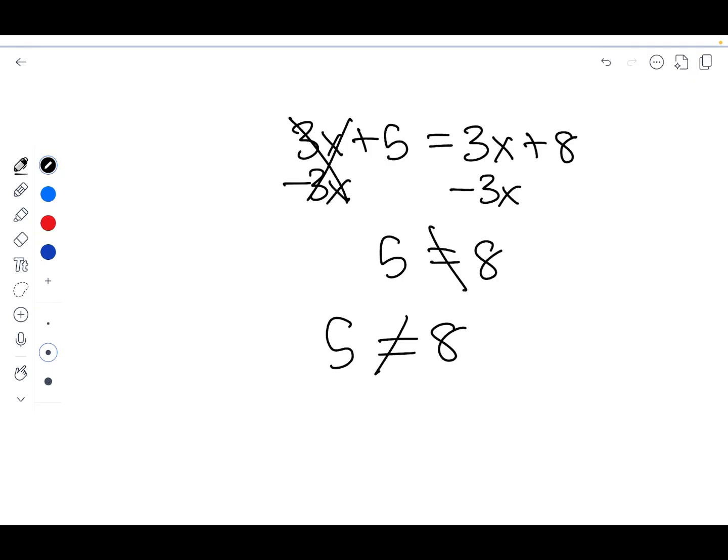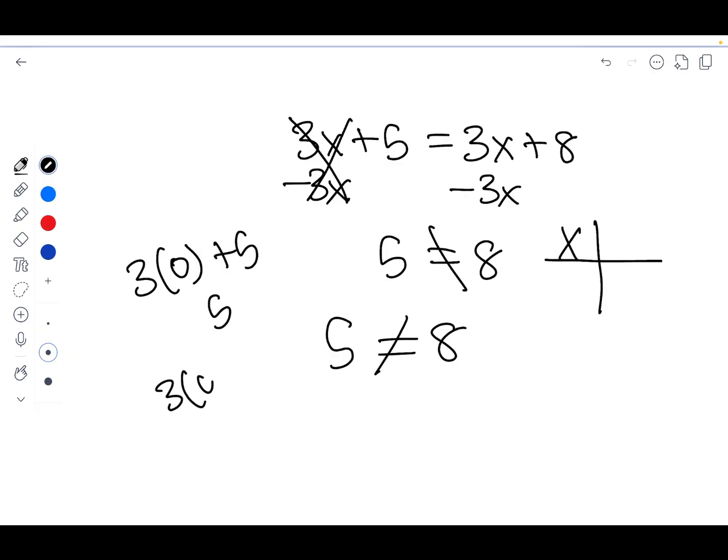No matter what you plug in for x, let's run some examples real quick. Let's try plugging in x as 0. So 3 times 0 plus 5 is equal to 5, and 3 times 0 plus 8 is equal to 8.